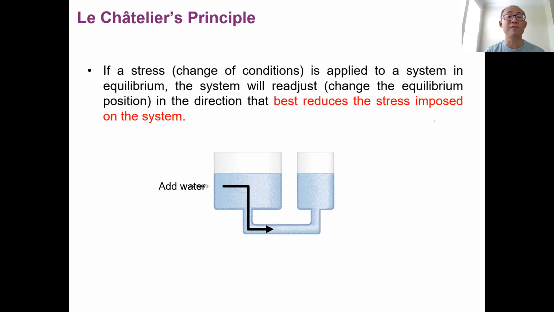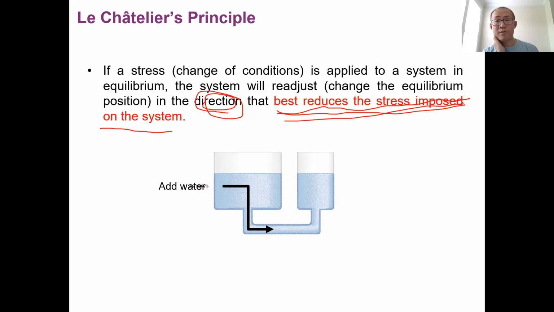How does the system shift in response to that disturbance? This principle indicates that the system will readjust in a direction that reduces the stress. Reduce the stress. That's the key to the principle, and the key for us to understand how equilibrium shifts when a disturbance is applied.